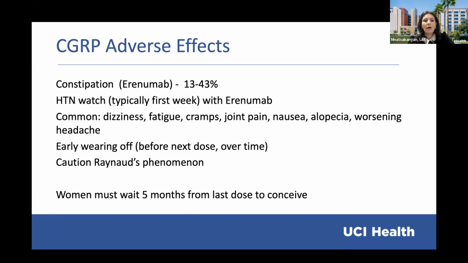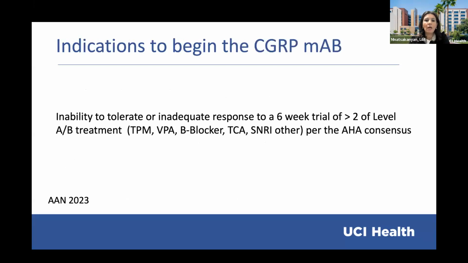There's not too much known about pregnancy with this group of medications. Currently, it is advised that women who are planning pregnancy should wait 5 months after the last dose of the medication to conceive. Again, we have some guidance on when to begin CGRP monoclonal antibodies.